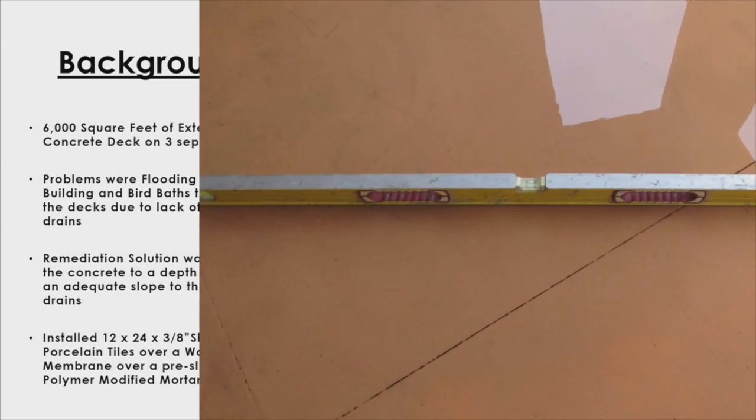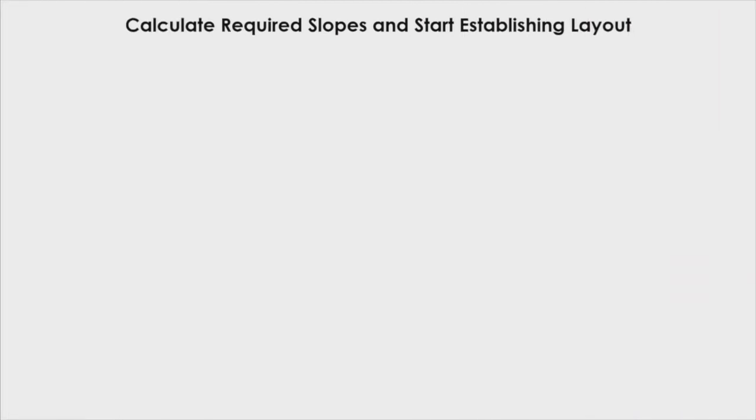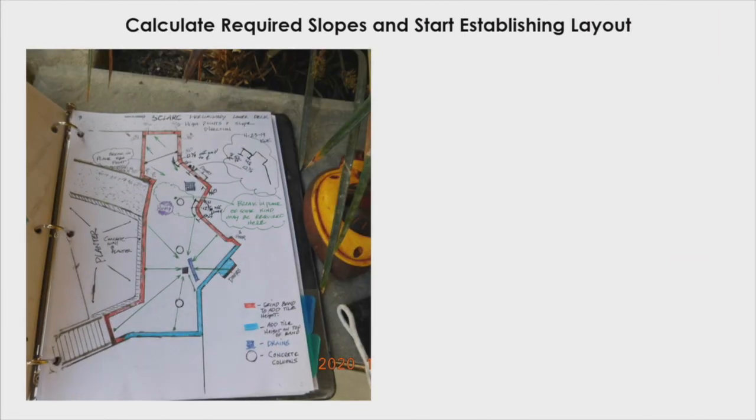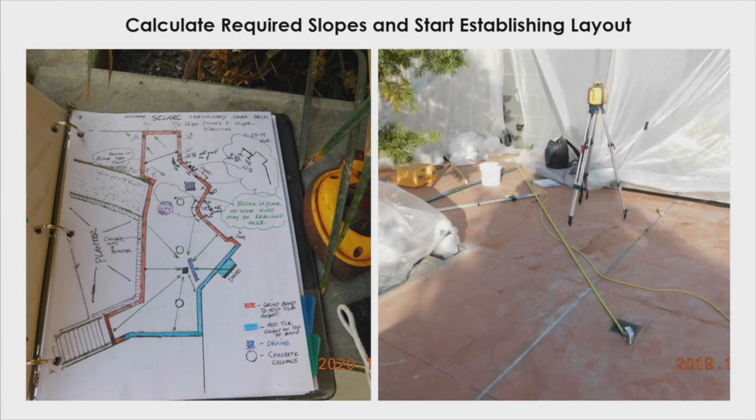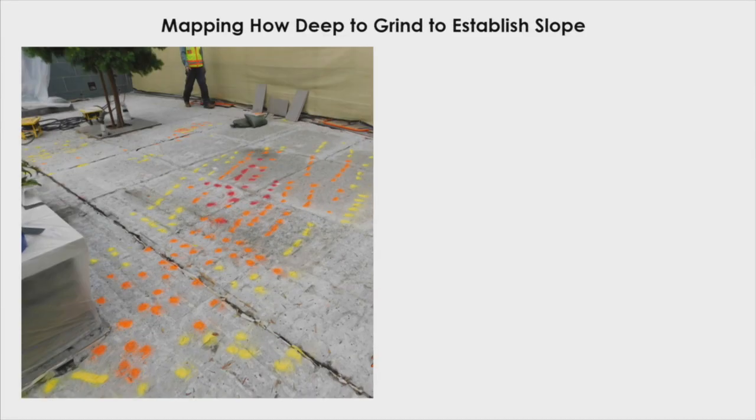So here you can see in one of the bird baths, if you can see that, it's level. Well, it's not supposed to be level, it's supposed to be sloped to the drain. So what do we have to do? We had to create a very complex map, looking at all the drain positions. We had to do a topography survey, figure out what were the existing slopes, how deep would we have to go in order to achieve the ideal, which was 1/4 inch per foot, but in some cases that was just not possible.